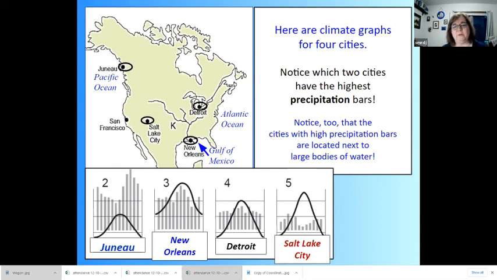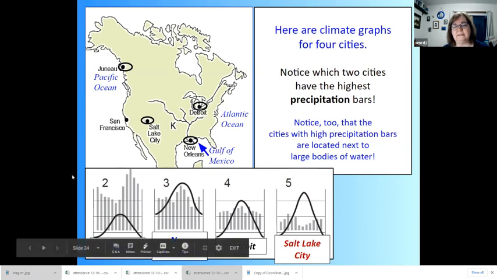But we chose 4 cities. We talk about the climographs, what they stand for, what they look like. And you need to remind them of the temperatures that they're talking about and what the precipitation is in each area.